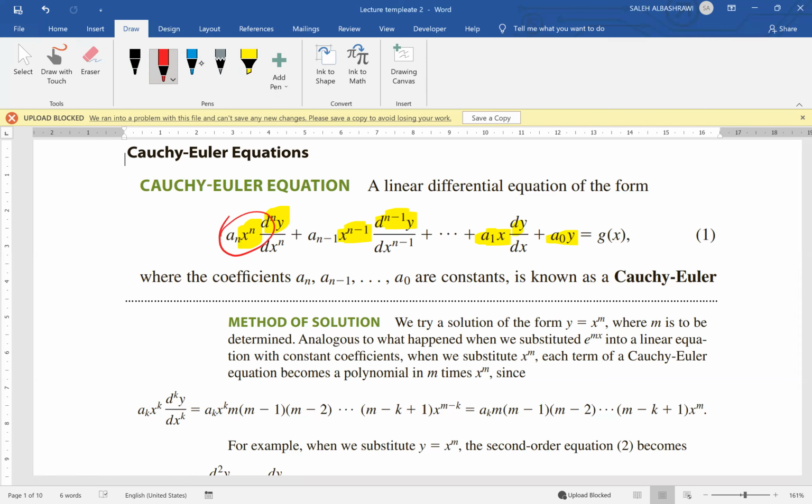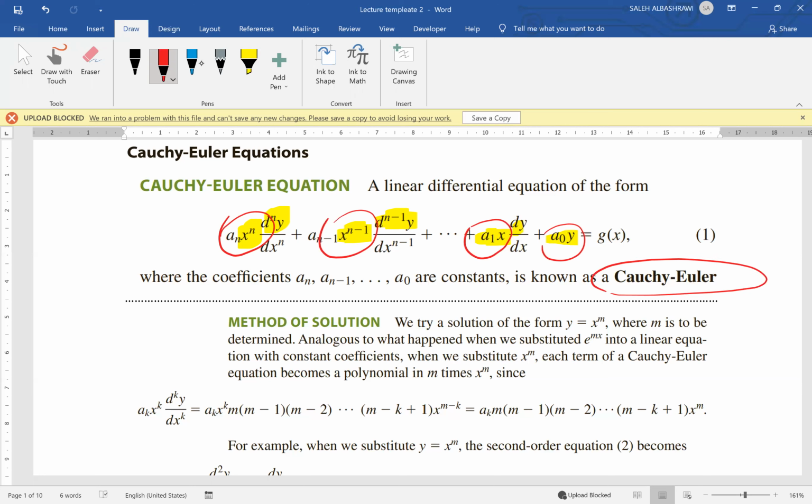So this is the special feature for the Cauchy-Euler equations: the power of the variable x is matching the order of the derivative. So this equation is known as the Cauchy-Euler equation.